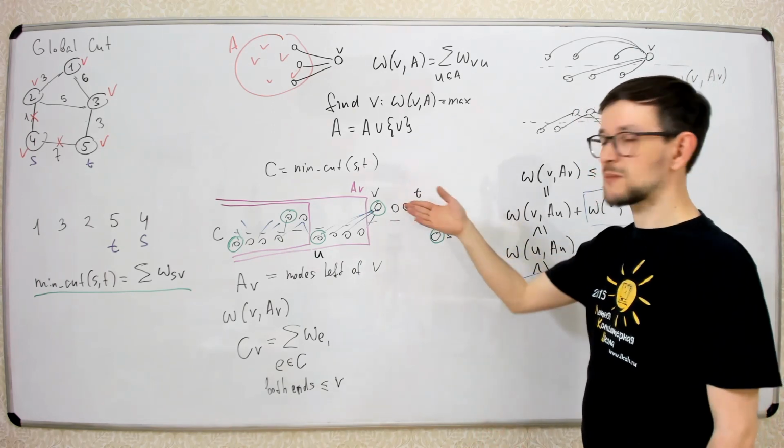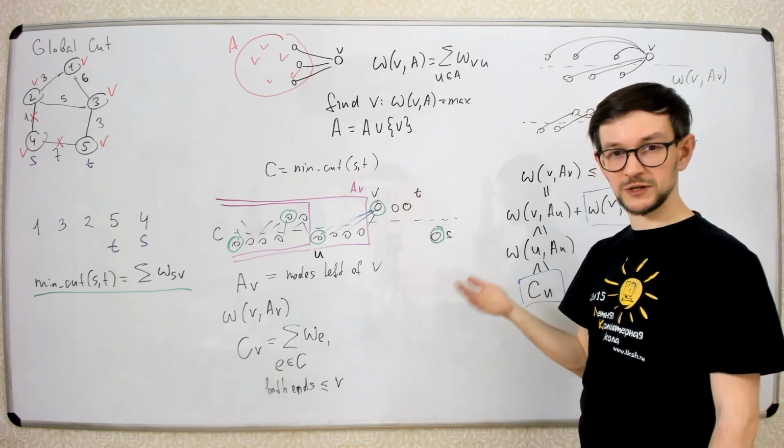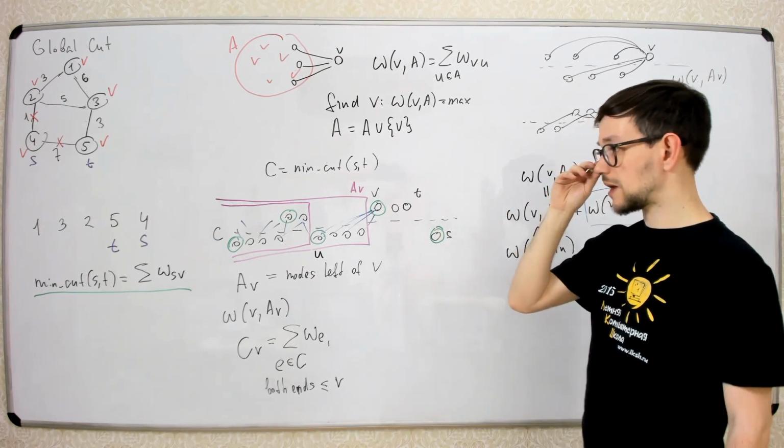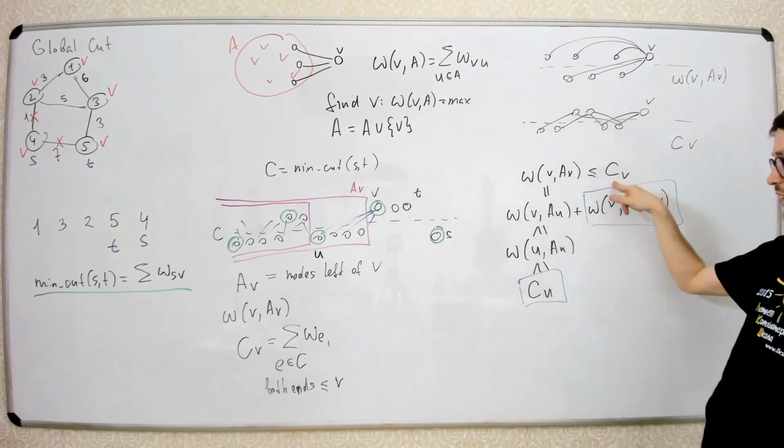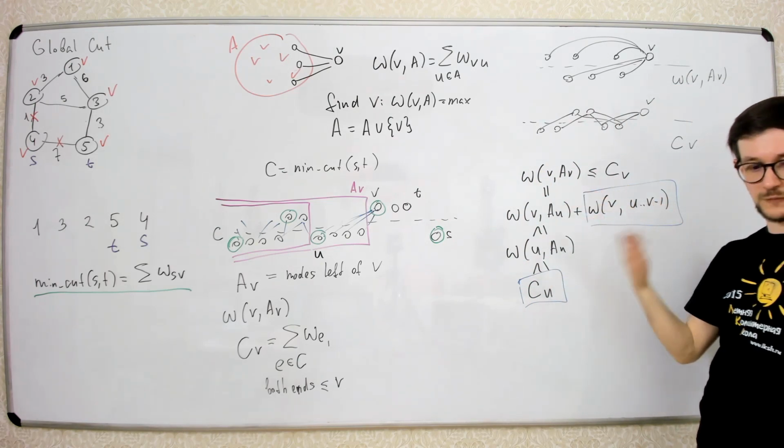There may be some other cut which has the same weight, but there is no cut smaller than this one, because any other cut will be greater than or equal to our cut.